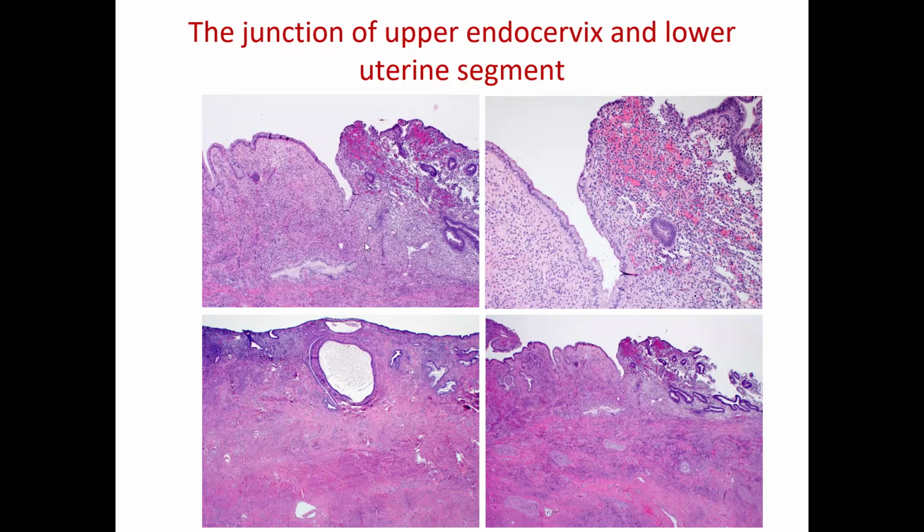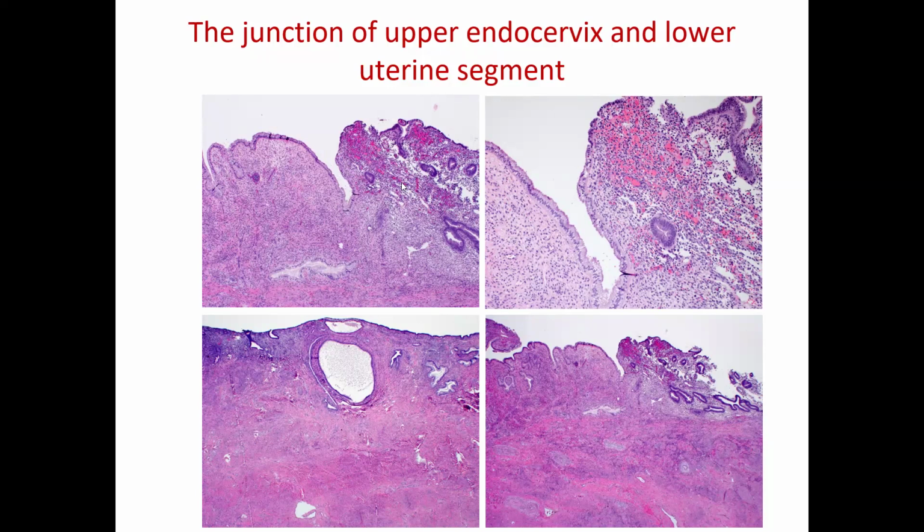Sometimes you run into this situation where the endocervix suddenly becomes endometrium. How does that happen? That typically happens in patients who had LEEPs before. When the patient had a LEEP, the endometrium creeps inferiorly, and it meets the endocervical canal suddenly.